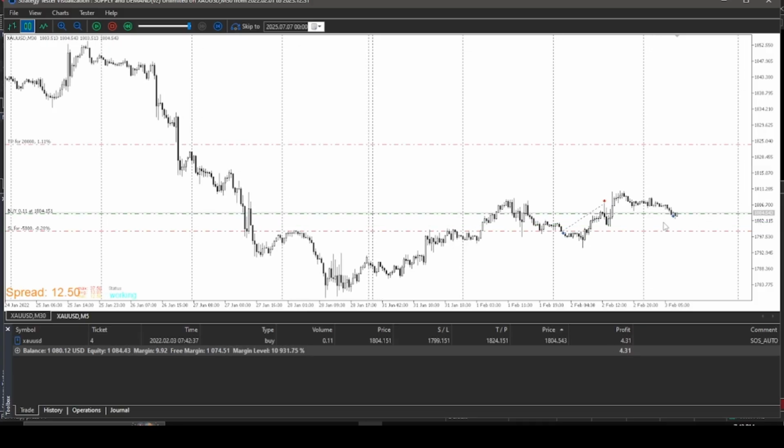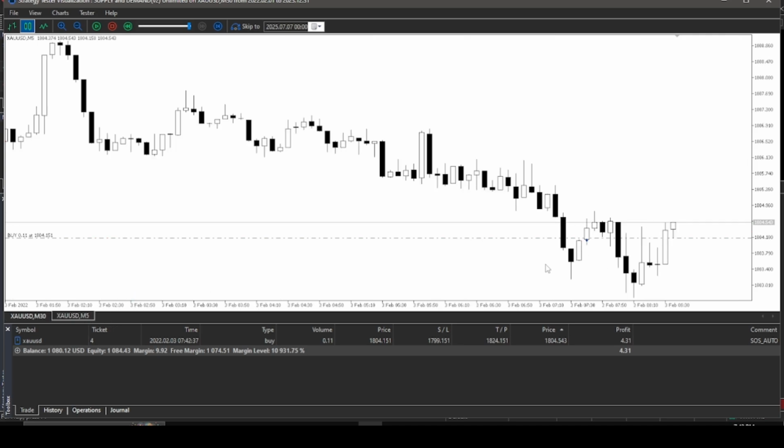All right, the market has gotten to our demand zone again on the 30 minutes time frame. Let's go to the 5 minutes time frame to see. On this 5 minutes time frame, we had this bullish engulfing candle. You can see this candle engulfing this bearish candle with a rejection. So this was the confirmation seen by the robot before executing this trade.